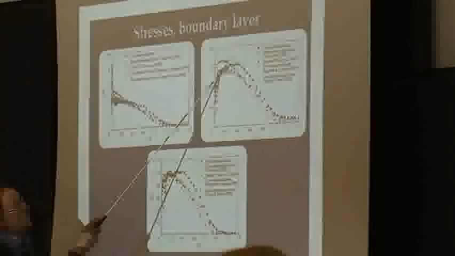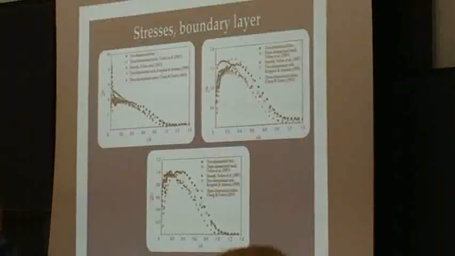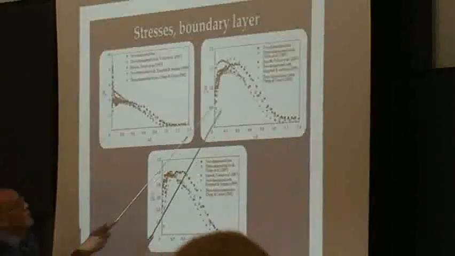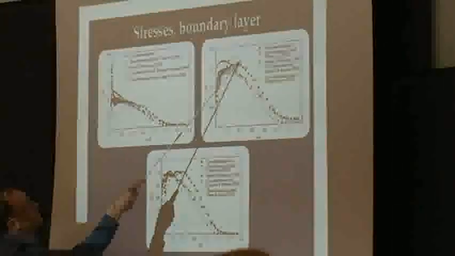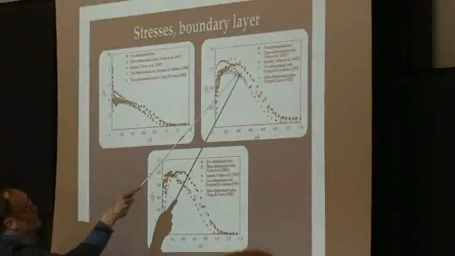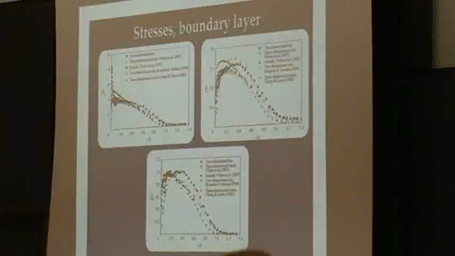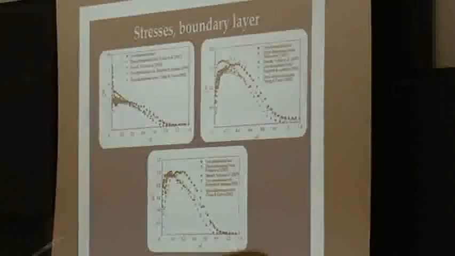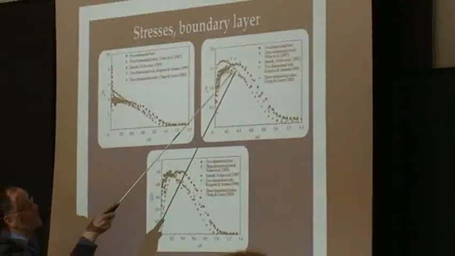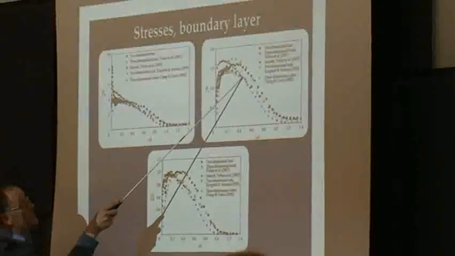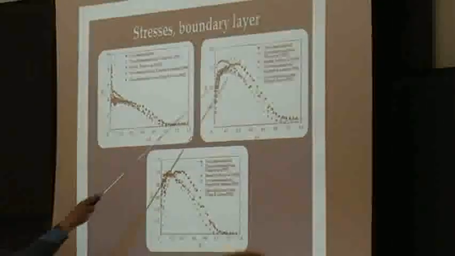And especially when you look at the wall normal stress, where we have our inverted triangles here, showing a significant, almost 20% increase in the outer layer. Schultz and Flack seem to reproduce the same with their black dots here.